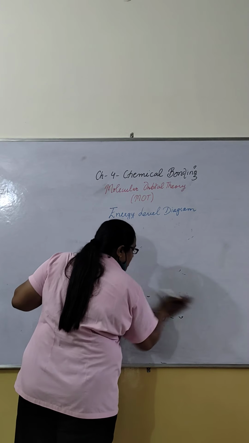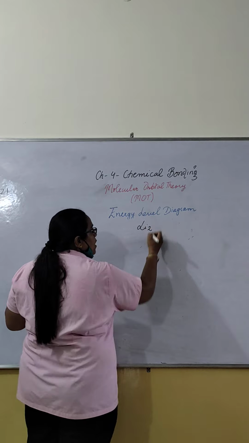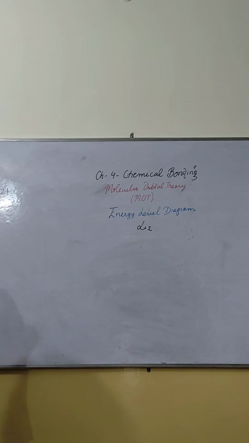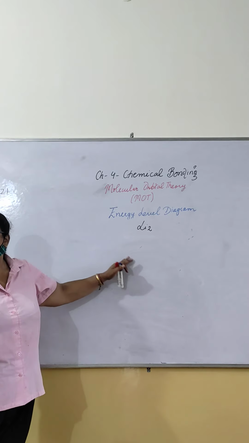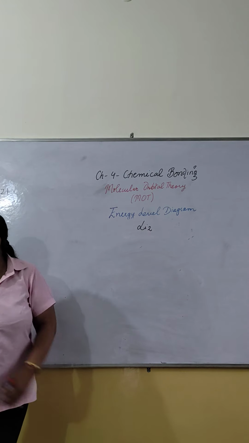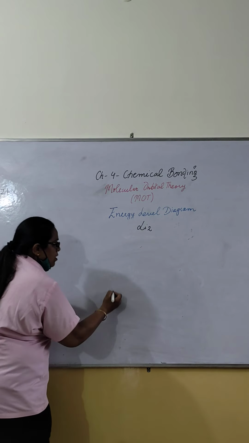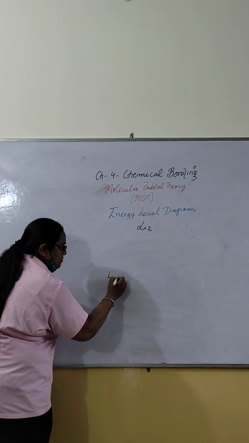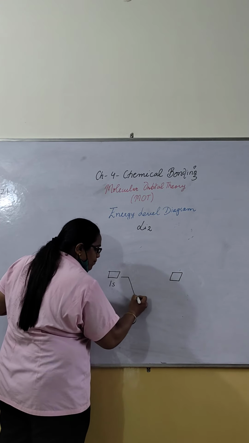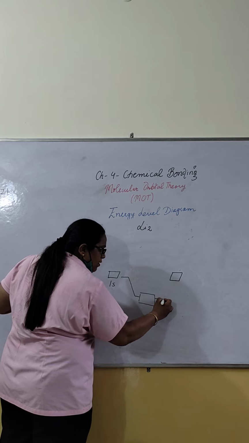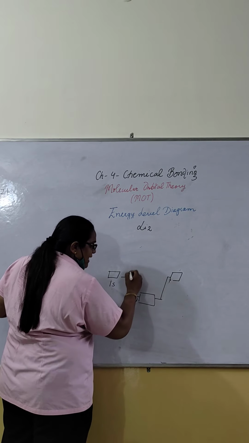Now come to lithium, Li2. How many electrons? 3 in a single atom, so 2 atoms means 6. So the Li2 molecule contains 6 electrons. 1s combines with 1s to form one bonding and one anti-bonding orbital.